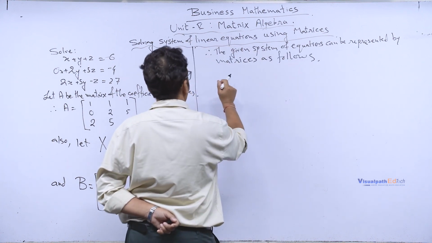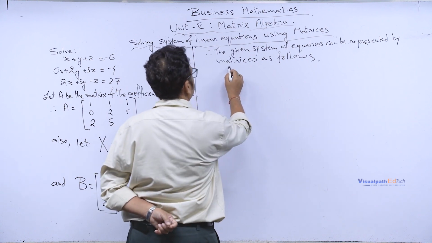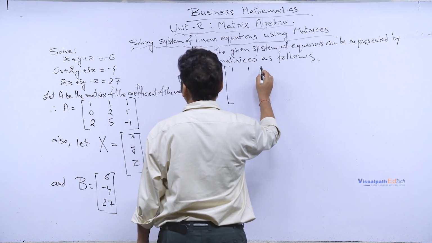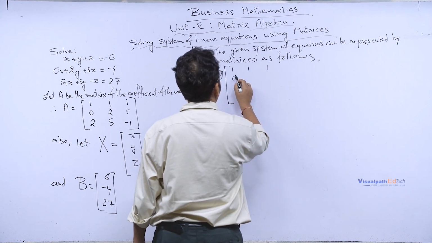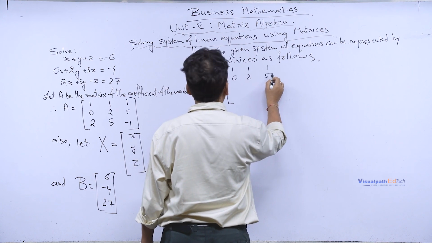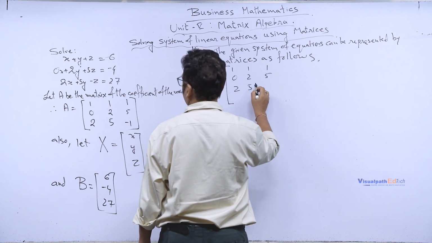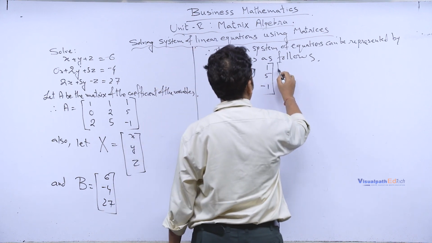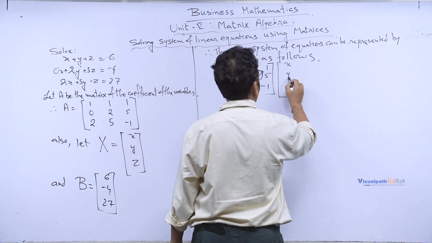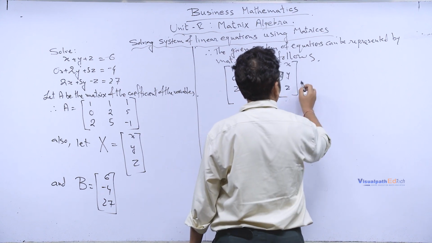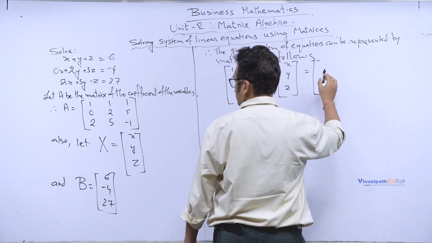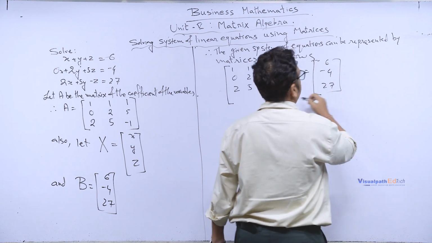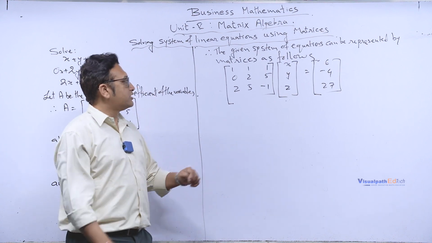So we can write like this: the coefficient matrix first, which is 1, 1, 1; 0, 2, 5; and then 2, 5, minus 1. This, when multiplied by x, y, z, will give us 6, minus 4, 27.